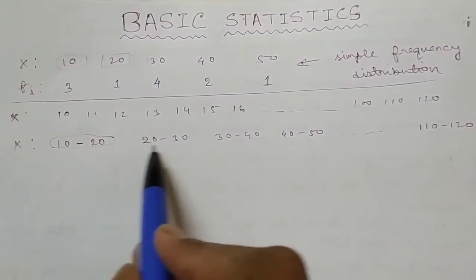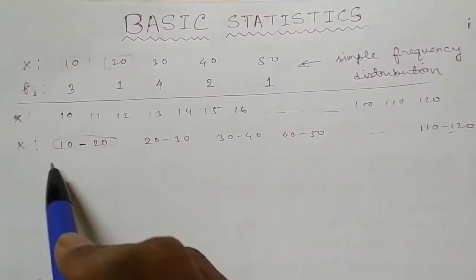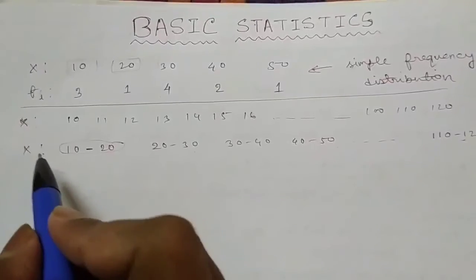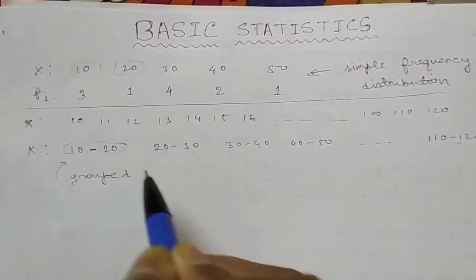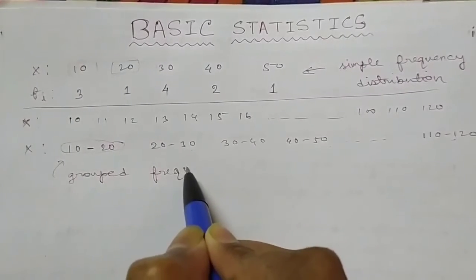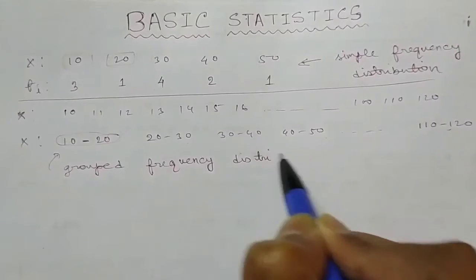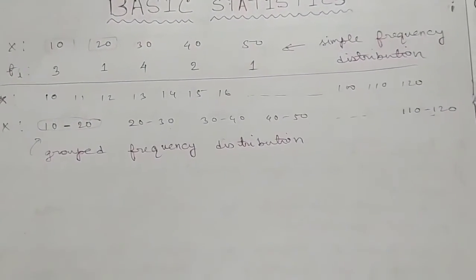So we can group this amount of data, thus reducing the complexity of the calculation. This is known as grouped frequency distribution.